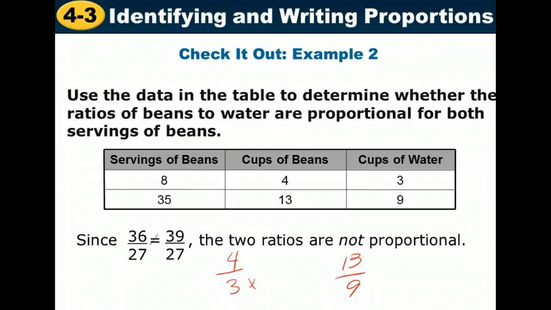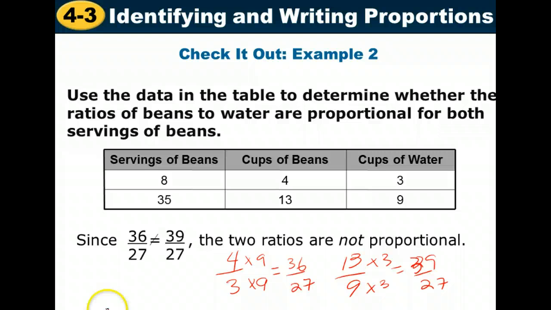We could multiply this by 9 and multiply this by 3. So this will equal 36 to 27, and this one will equal 39 to 27. So that means 36 and 39 are not equivalent.